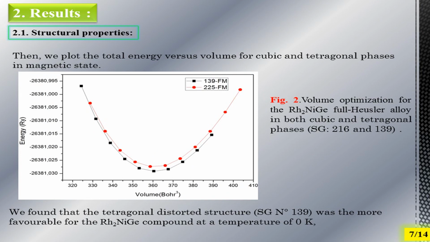Then we plotted the total energy versus volume for cubic and tetragonal phases in the magnetic state. We found that the tetragonal distorted structure, space group number 139, was the more favorable for the Rh2NiGe compound at a temperature of 0 Kelvin.